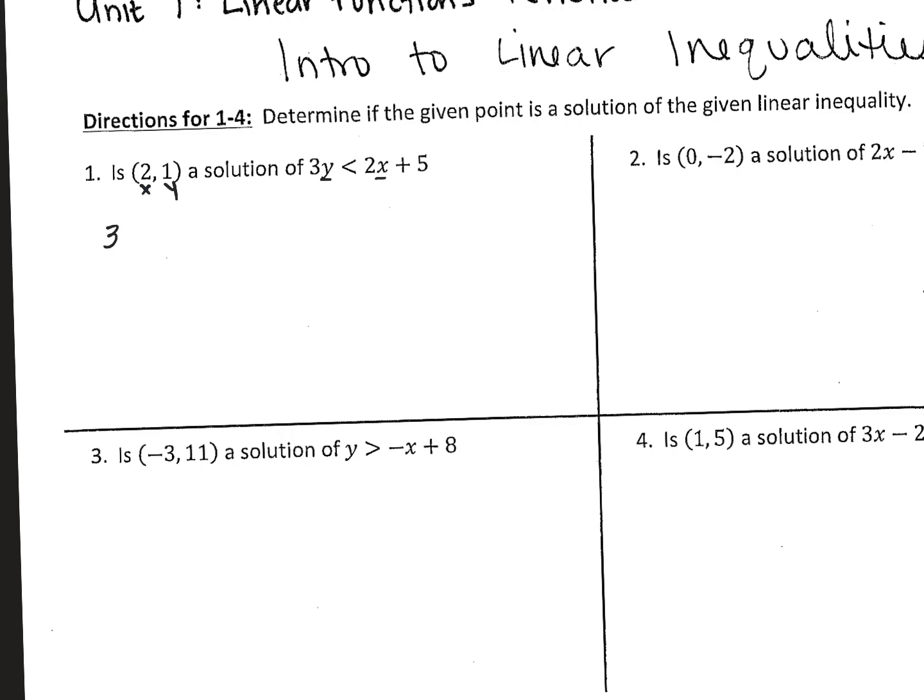So I would have 3 times 1 is less than 2 times 2 plus 5. I'm checking to see if this is true. So in this case, 3 times 1 is 3. I have my less than symbol. 2 times 2 is 4, and 4 plus 5 is 9. So 3 is less than 9. Yep, that is a solution.